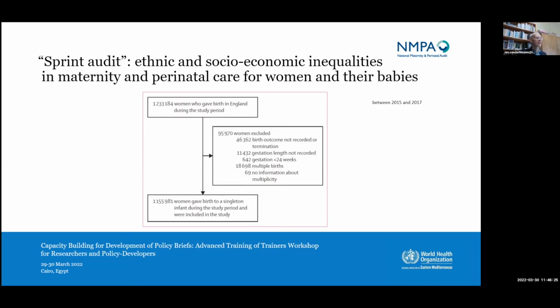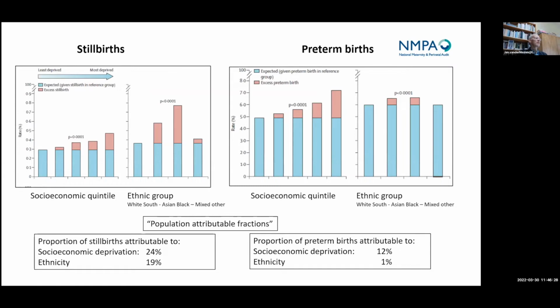In that analysis, we looked at stillbirths, for example, and preterm births, according to socioeconomic quintile and ethnic group. If you look at the stillbirths graph on the right, you can see that as the socioeconomic quintile goes up, meaning women are from more deprived areas, the stillbirth rates go up.